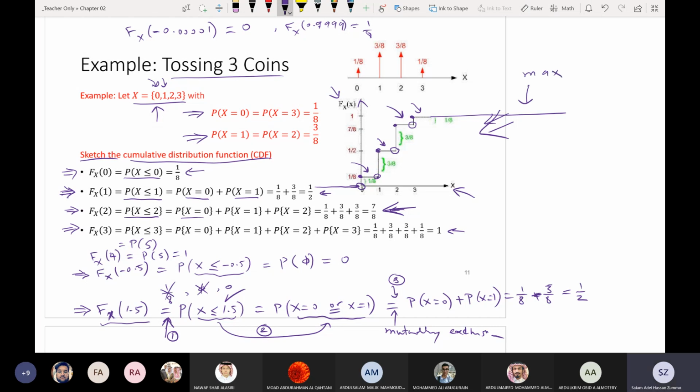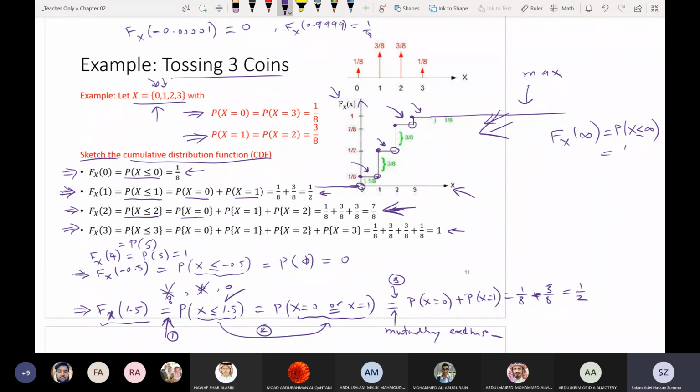Why? Because at infinity, F_X of infinity is what? 1. Someone said 0, why? F_X of infinity is the probability that X is less than or equal to infinity. A random variable is defined over the real line, the real numbers, so it has to be less than or equal to infinity.